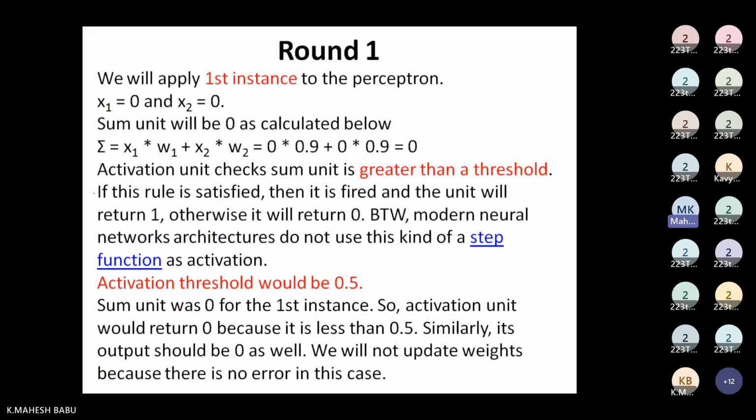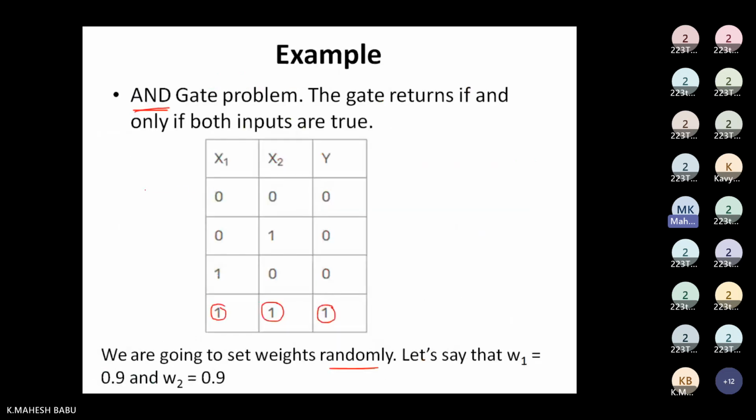Better note it down on paper. Take the first instance of this perceptron, where x1 is 0 and x2 is 0. I'm verifying whether I'm getting the proper output with the random weights 0.9 and 0.9.